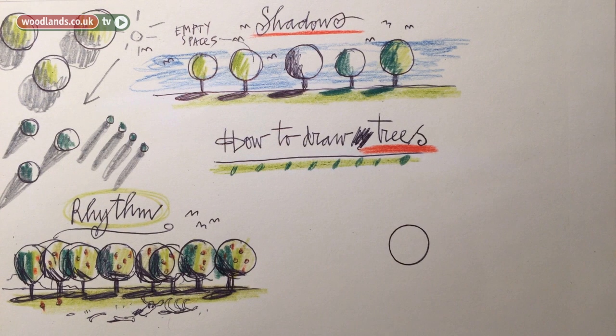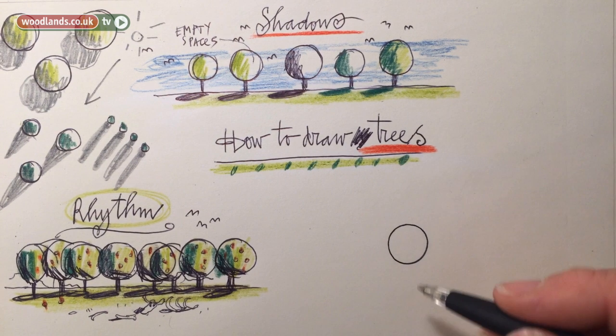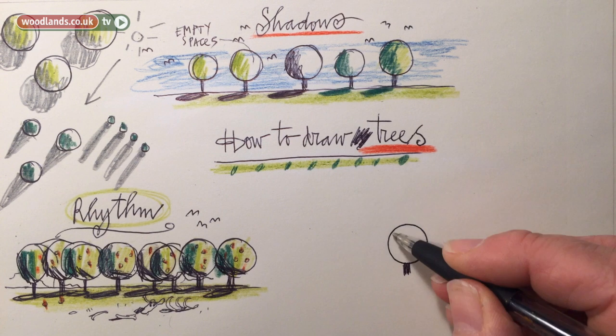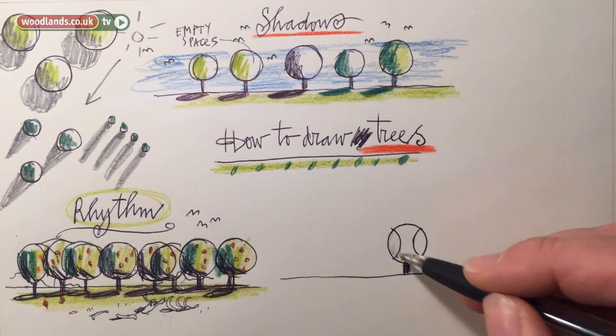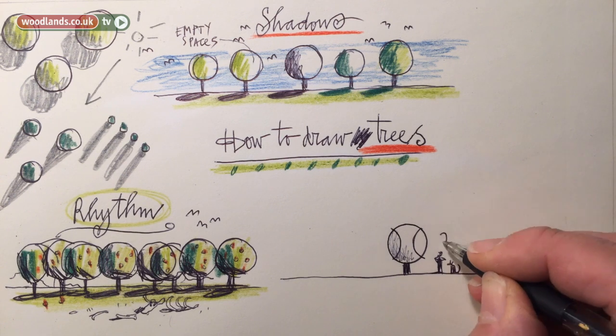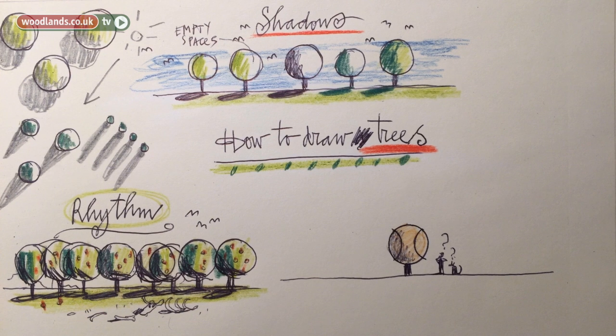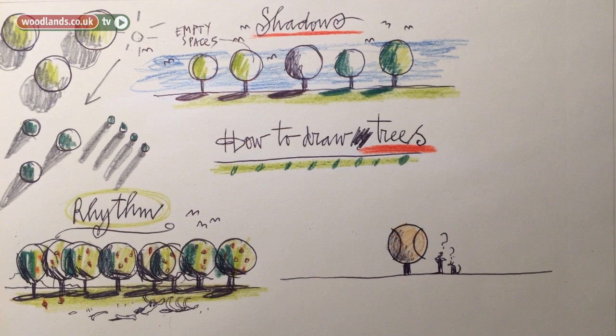If you look at a tree, or trees in general, we can notice that the foliage is not round-shaped like a basketball, like this. So we have to start to become acquainted with slightly different forms, step by step, no hurry, just trying a little bit.